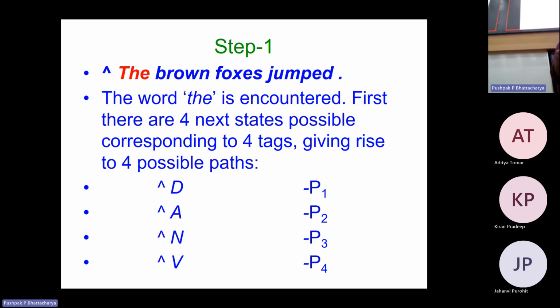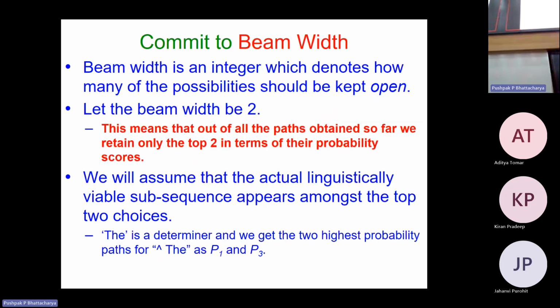Then we have to commit to what is called the beam width. Beam width is an integer which denotes how many of the possibilities should be kept open. Let the beam width be 2. This is a hyperparameter, a design parameter. How have I come to the number 2? Just arbitrarily for now.